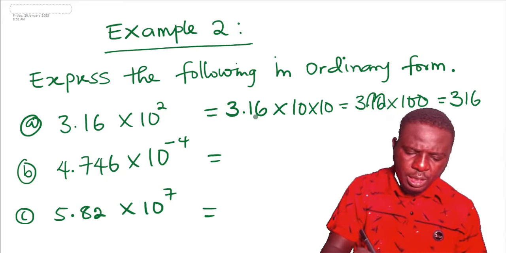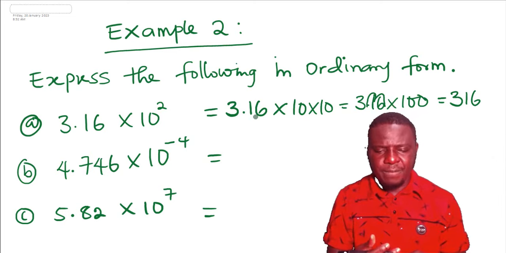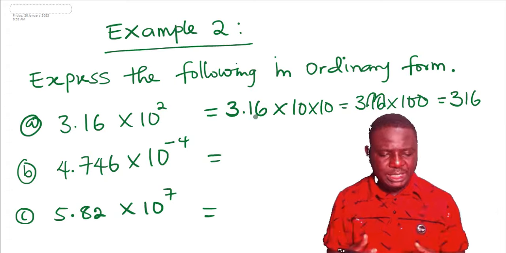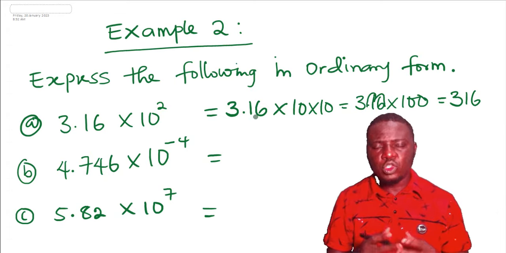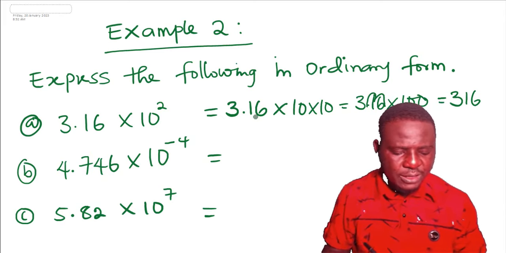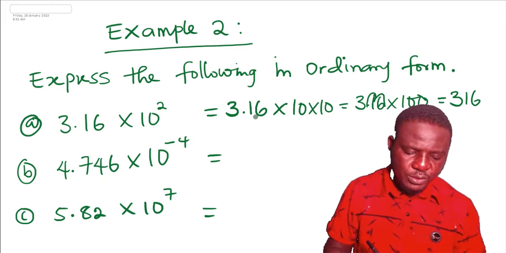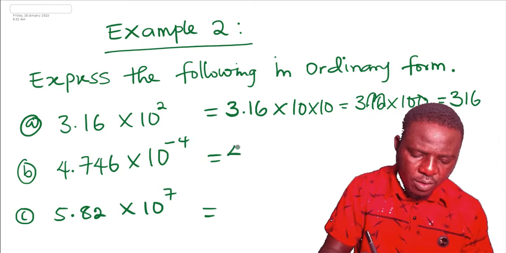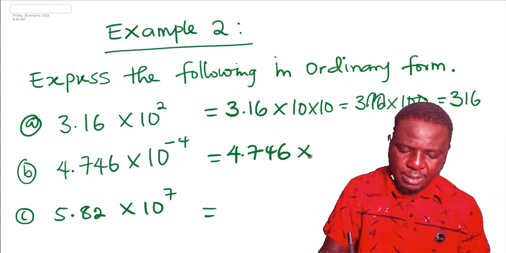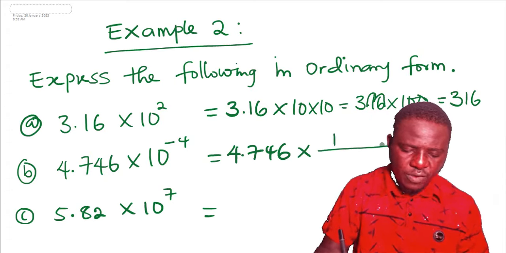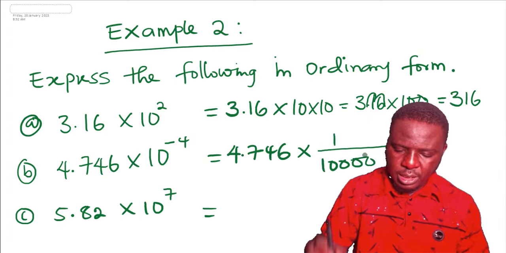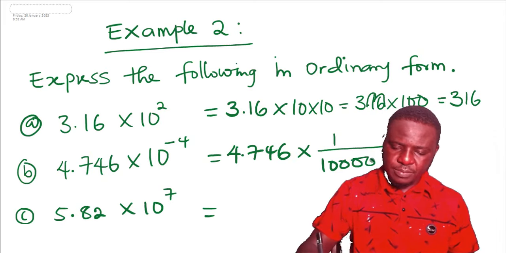Also, to make it faster, maybe when you are solving problems under objective that does not involve showing working, this is what you do. 4.746 times 10 raised to the power of minus 4 can be written as 4.746 times 1 divided by 10 in 4 places, that should be 10,000.